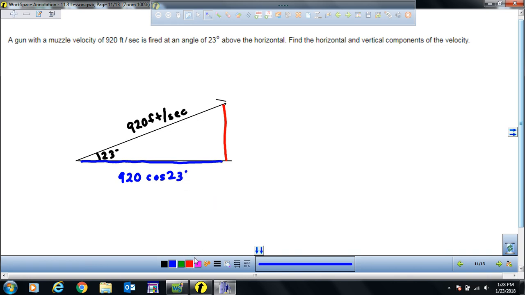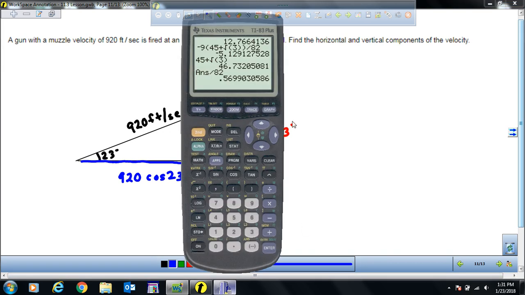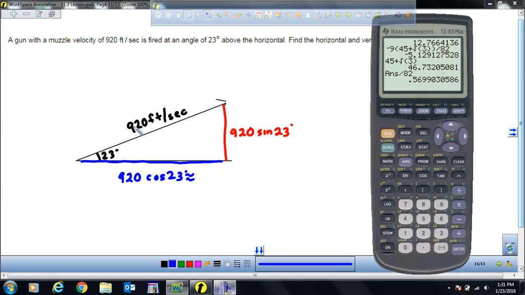And to find the vertical component of the velocity would be the magnitude, which is 920, times sine of the angle, which is 23 degrees. Okay? So let's find those estimates using the calculator, and let's round it to the nearest whole number as well.